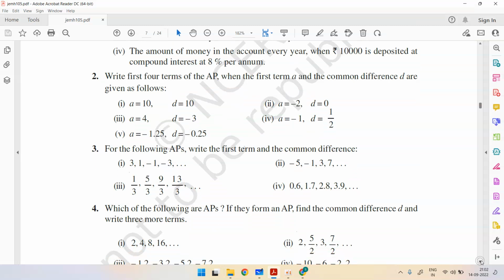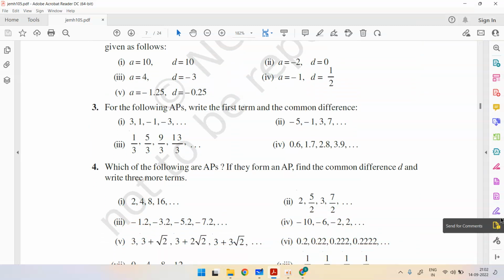Next is the fourth question. It says which of the following are APs? If they form an AP, find the common difference d and write 3 more terms.